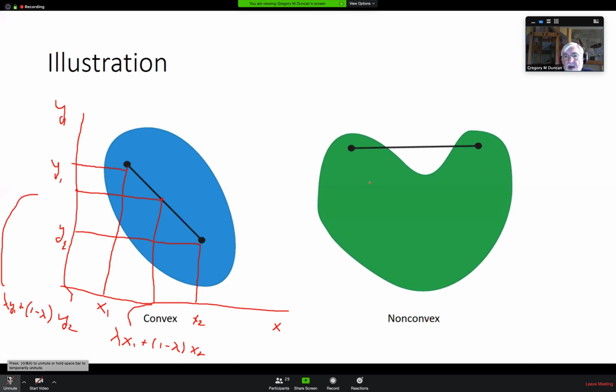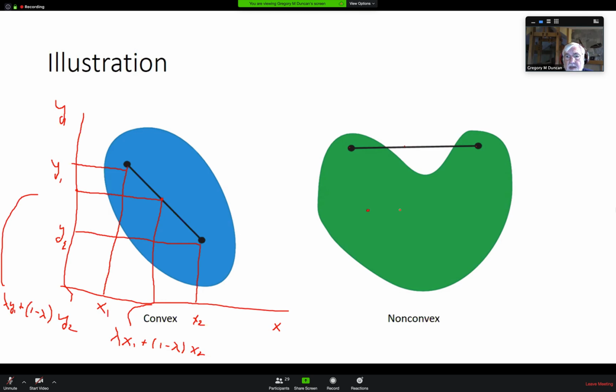In contrast, over here, I have this point, and here's something on the line in between them that is an average, and you'll note it's outside the set. So this is not a convex set because it doesn't satisfy the case that for all points.